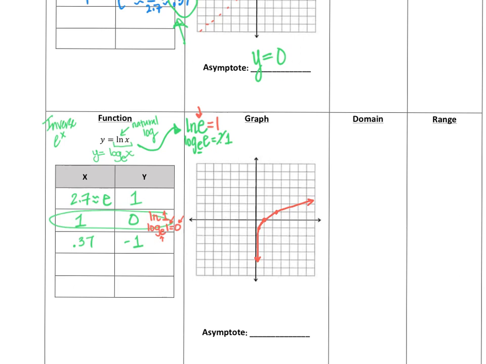So if we're a really tiny number, that means we're going to be a very high negative exponent. And so this is the graph of natural log of x, which I think is what you would expect. And it will have now a vertical asymptote through the y-axis, and we'll have x equals 0 for that. Our domain is going to be from 0 to infinity, again, not including 0, and our range will be from -infinity to infinity.